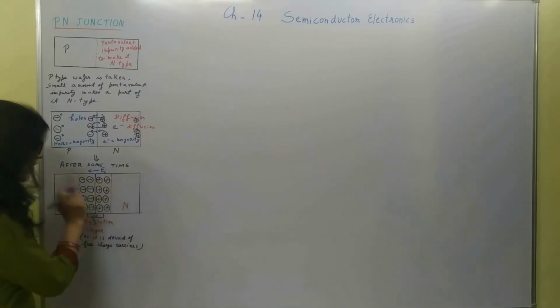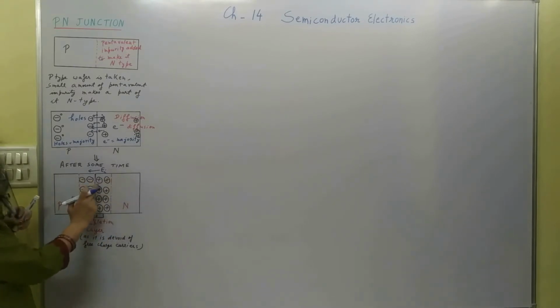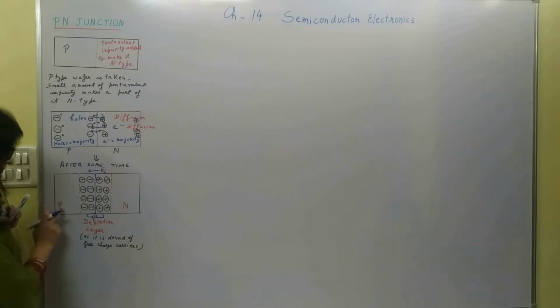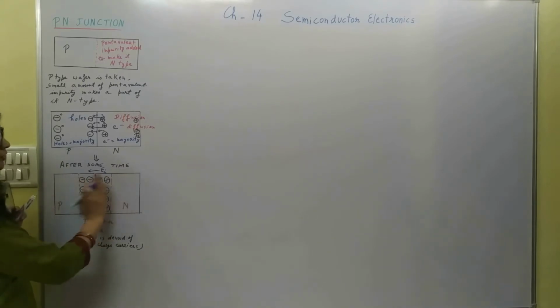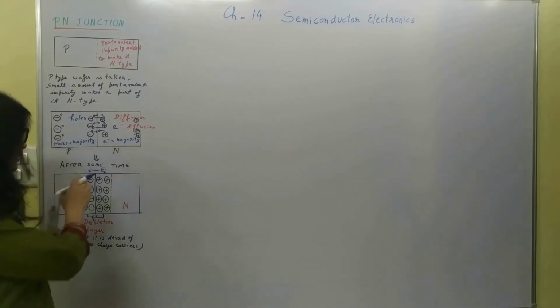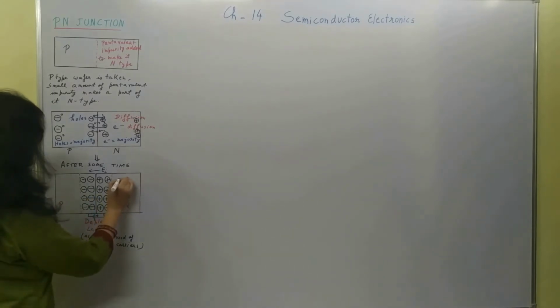So now the holes on this side will start moving under the effect of this developed electric field, and electrons which are minority carriers on the p side will start moving opposite to this developed electric field. So the minority carriers on both sides start moving under the effect of the developed electric field.